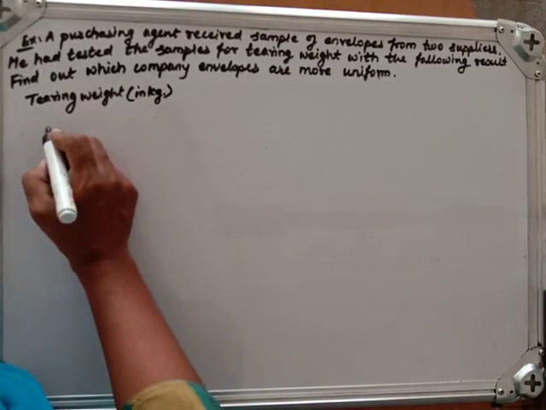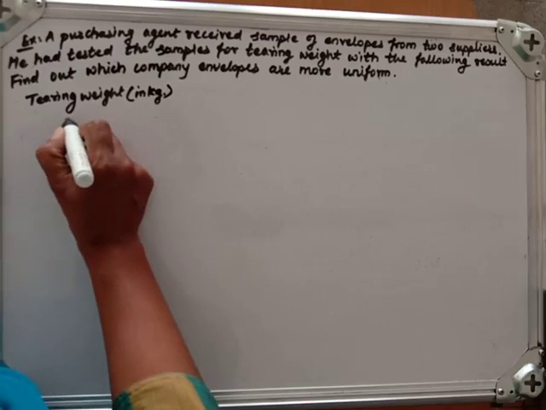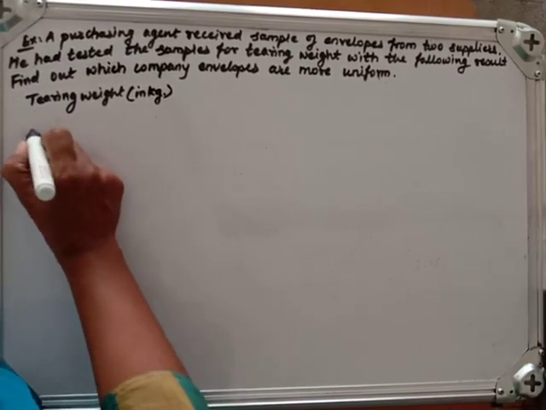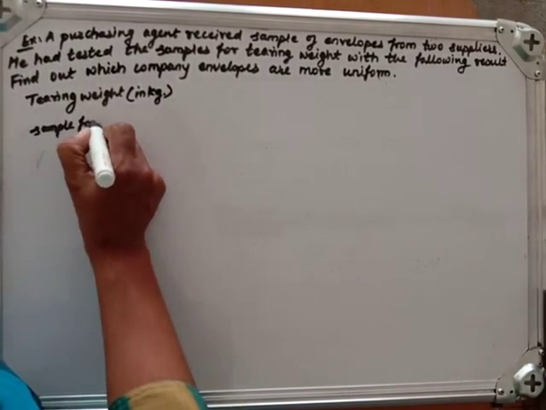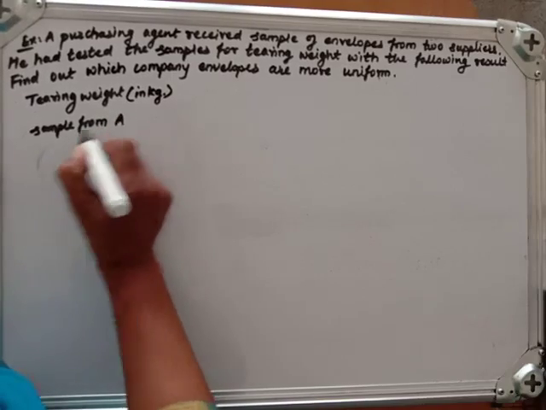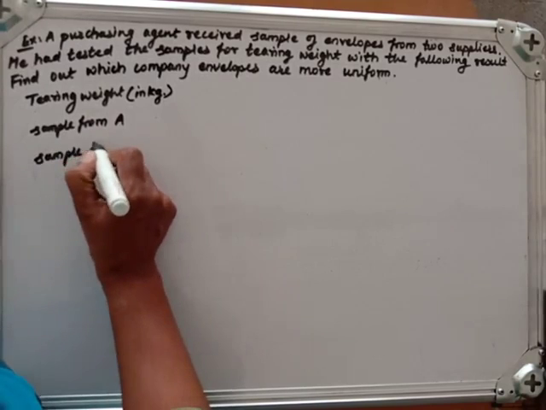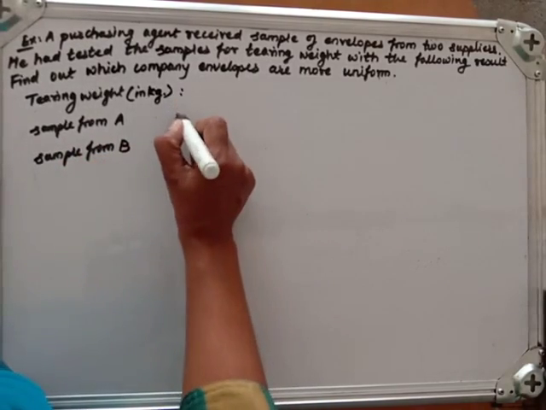Then the samples from suppliers. There are two different suppliers, so supplier A, and again a sample from B. As such, this is the data with us.